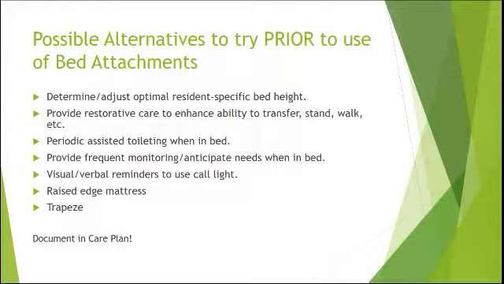We could provide frequent monitoring and anticipate their needs, visual and verbal reminders to use a call light when appropriate, a raised edge mattress for spatial recognition of the limits of the mattress. A trapeze is another alternative to enhancing more independent bed mobility versus the use of the bed attachment.